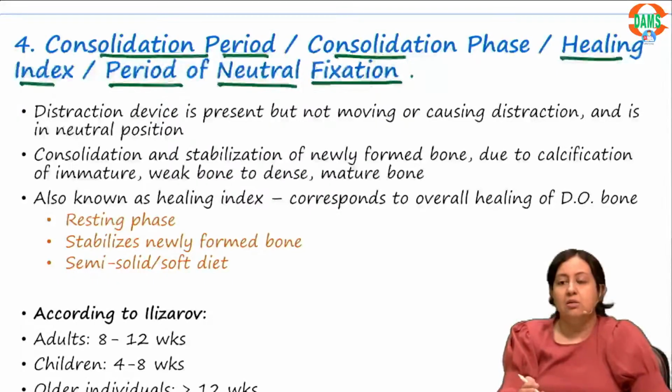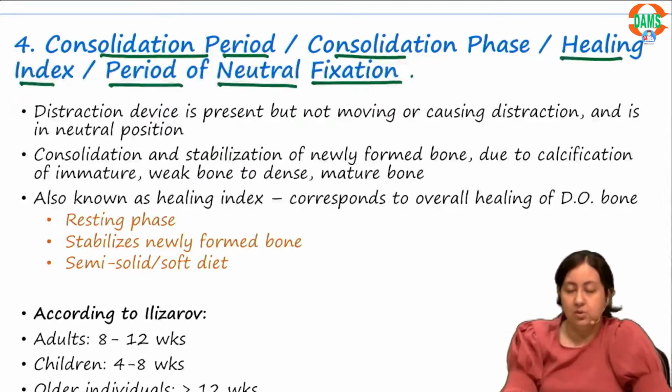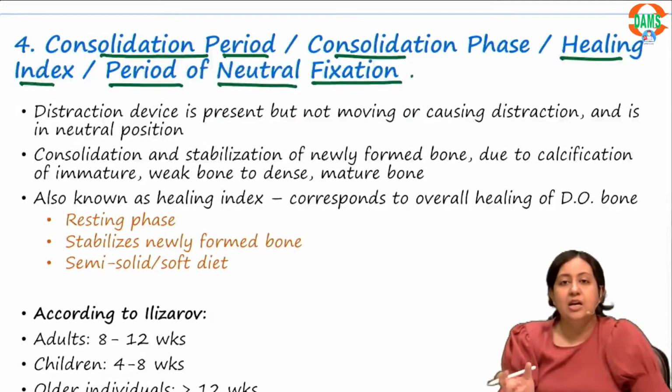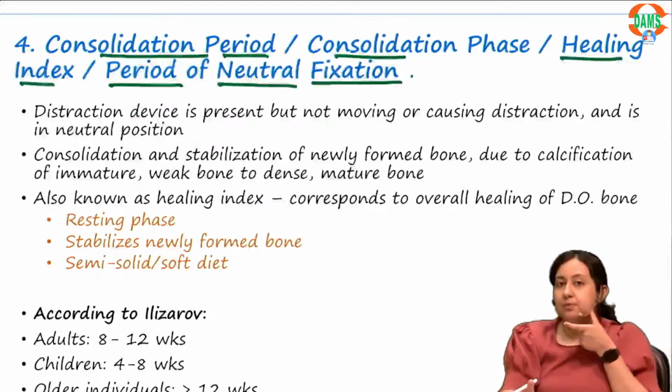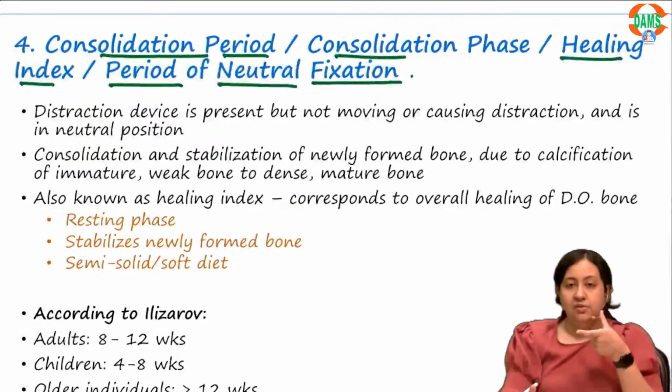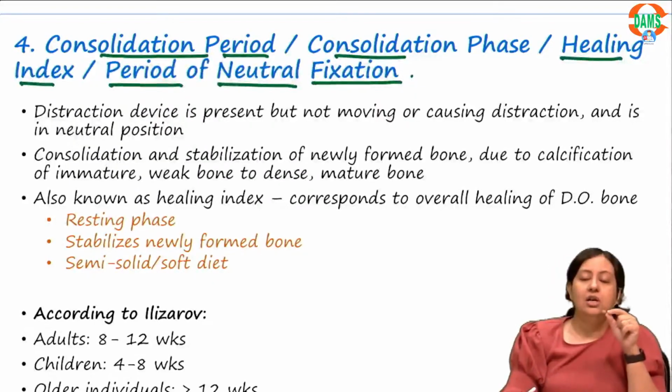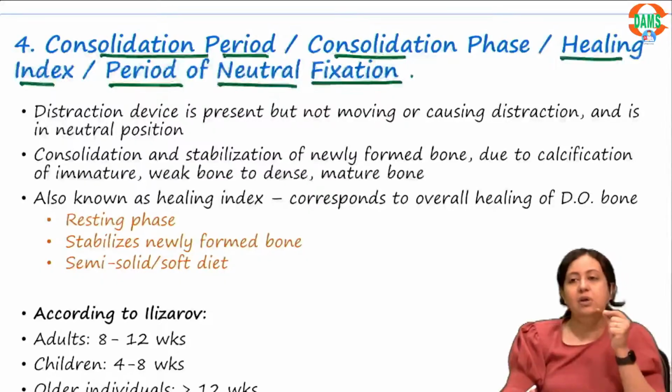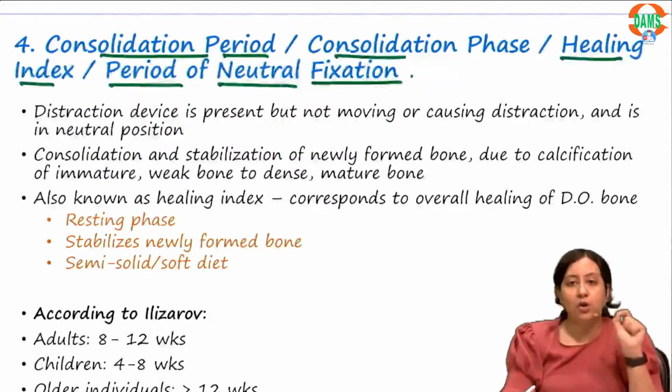Now let's suppose that we are doing distraction osteogenesis of the mandible, and by all our calculations we needed a 40 mm increase in length of the mandible. So distracting at 1 mm per day, we will distract for a total of 40 days. Understood? Simple mathematics.